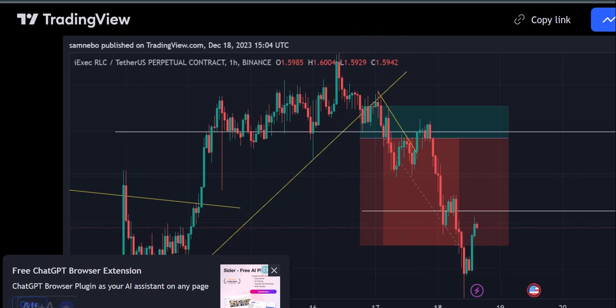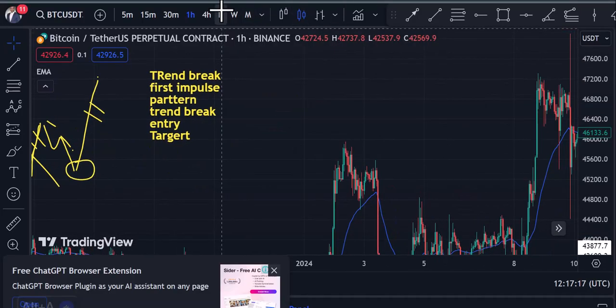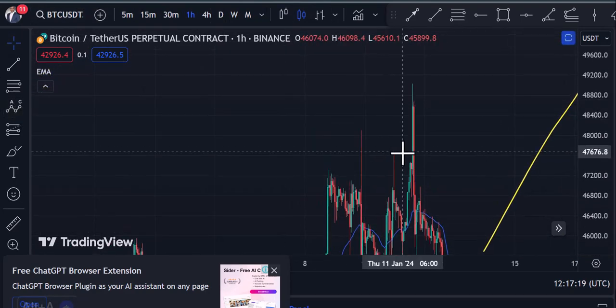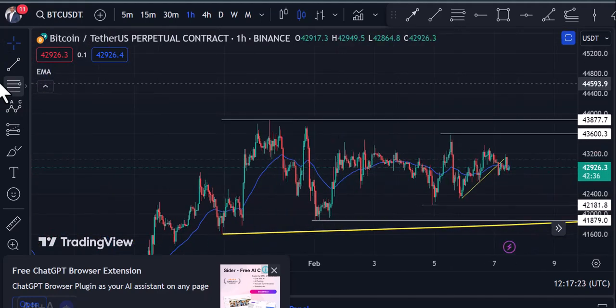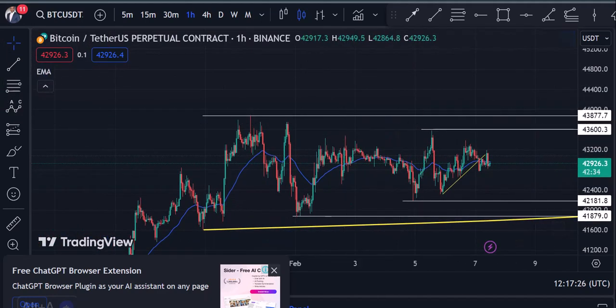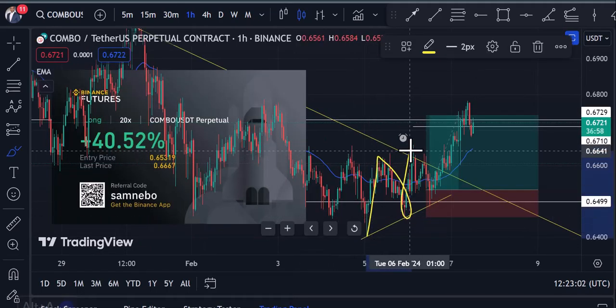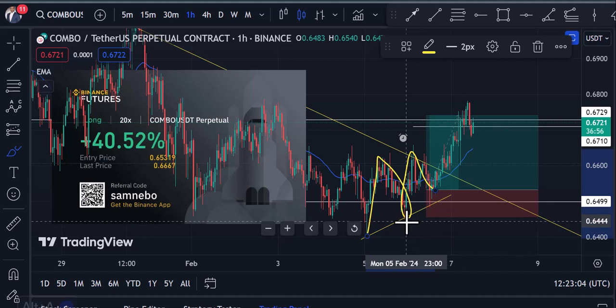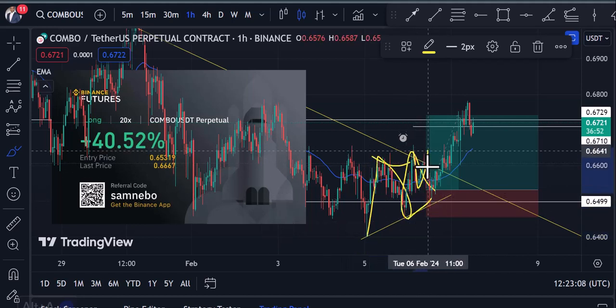Okay, so that is just a little of what I can show you guys today of what we are using wave analysis to do in the market. Even yesterday, I took this trade: an impulse here, then a corrective structure, and at the end of this corrective structure, it gave us a clear three-wave structure.